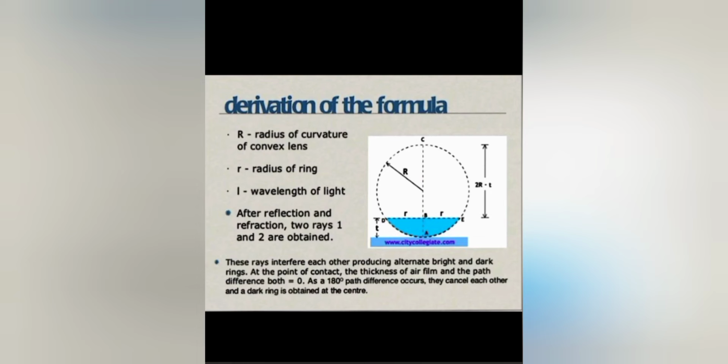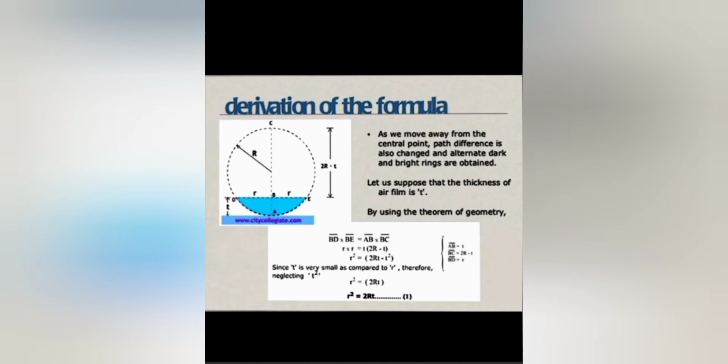So next, let's move to the next topic, derivation of the formula. Here also we have taken the same diagram as before. As we move away from the central point, the path difference also changes and alternate dark and bright rings are obtained. Let us suppose that the thickness of the air film is small t.